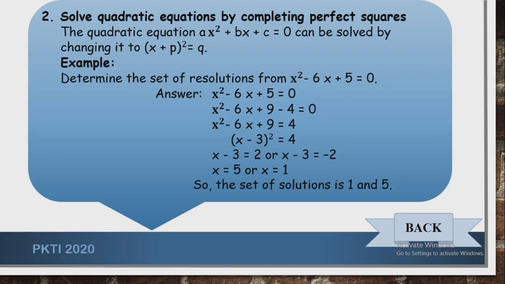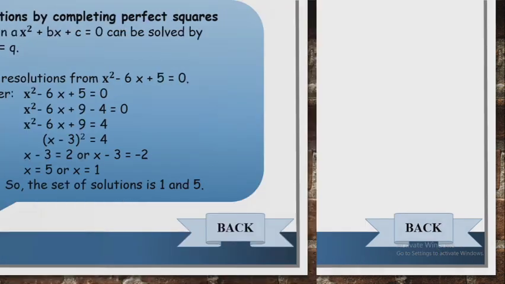The answer: x² - 6x + 5 = 0, x² - 6x + 9 - 4 = 0, x² - 6x + 9 = 4, (x - 3)² = 4, x - 3 = 2 or x - 3 = -2, x = 5 or x = 1. So the solution set is 1 and 5.